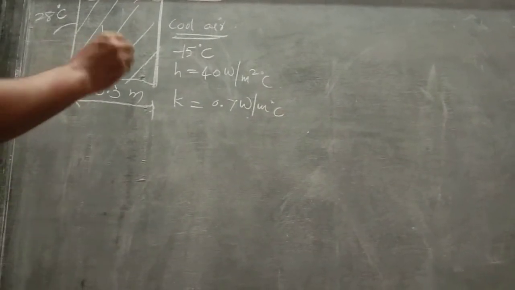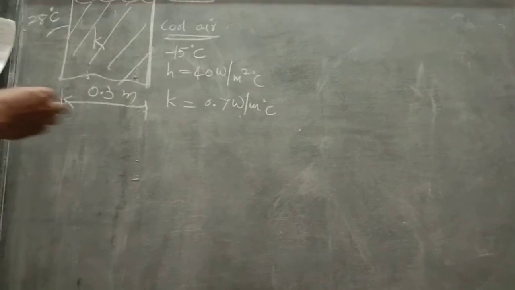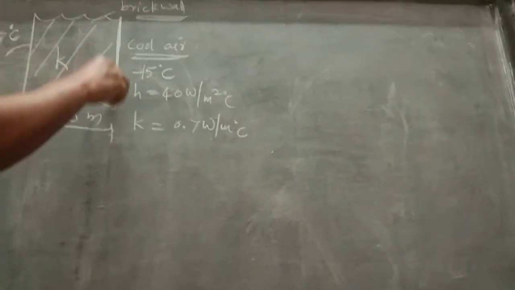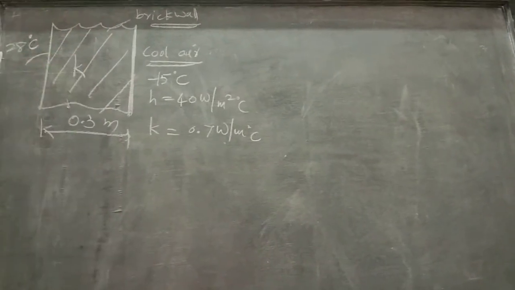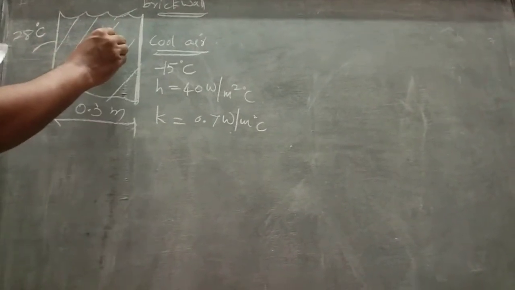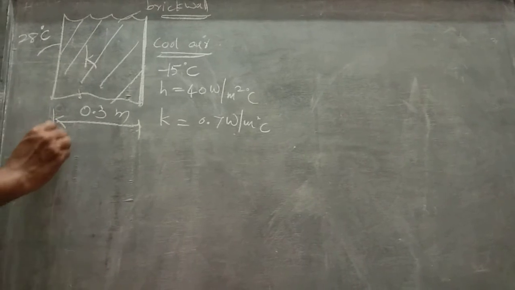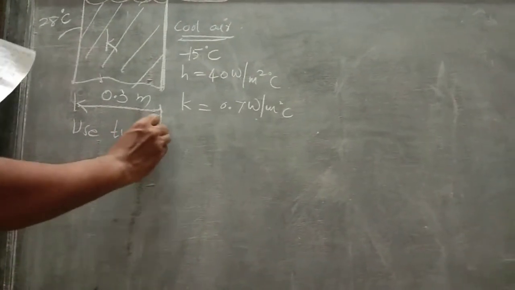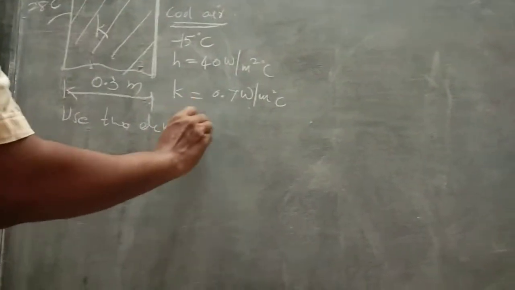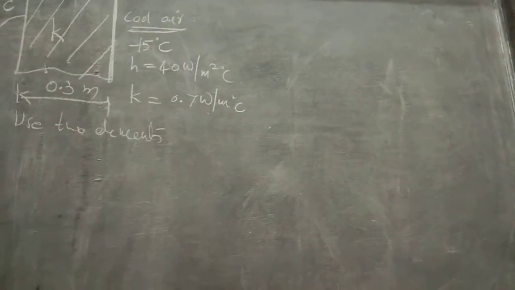Now here it is asked to determine the temperature distribution within this brick wall and also the heat flux through this wall. Use two elements and obtain the solution.